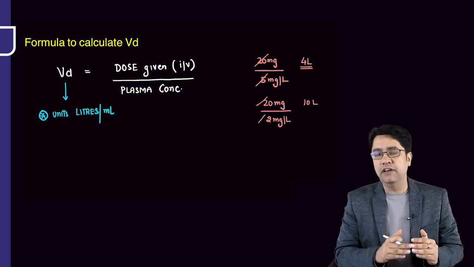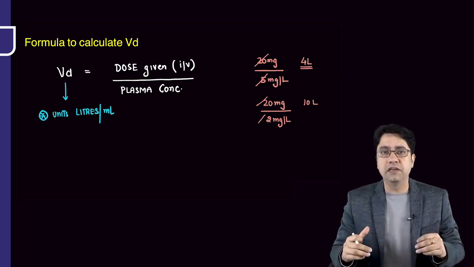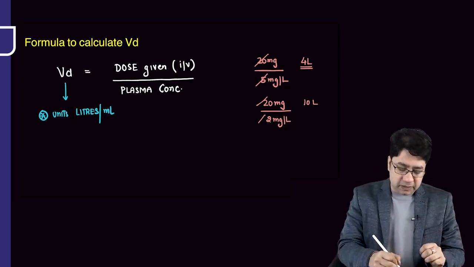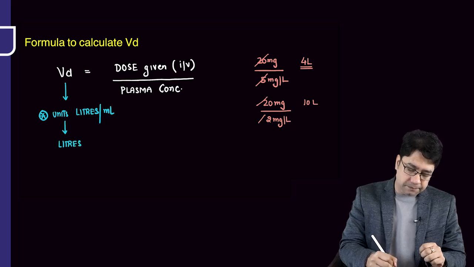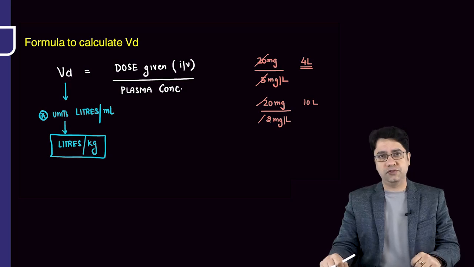A small child will have less volume. A big, heavyweight person will have a higher volume of plasma. So it's better to express volume of distribution as liters per kg of body weight. If you divide by body weight, it becomes equal across all age groups.